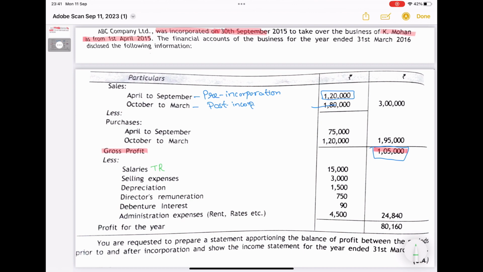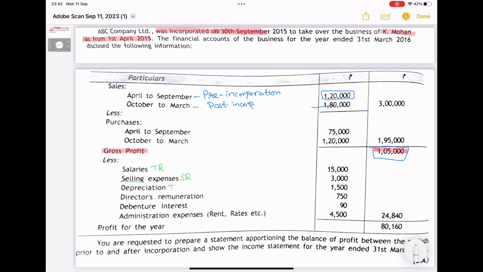Next, director remuneration, actual. Think about when we are going to appoint the directors: after the incorporation, at the time of registration, isn't it? Only then are we going to pay them.